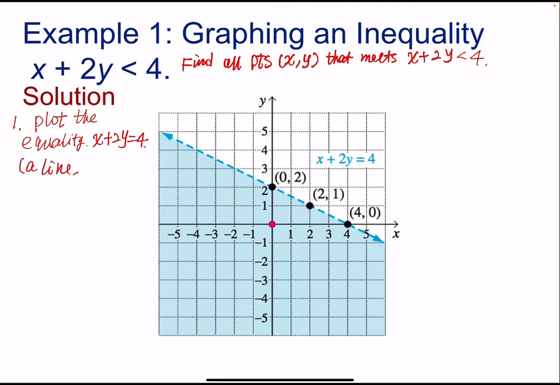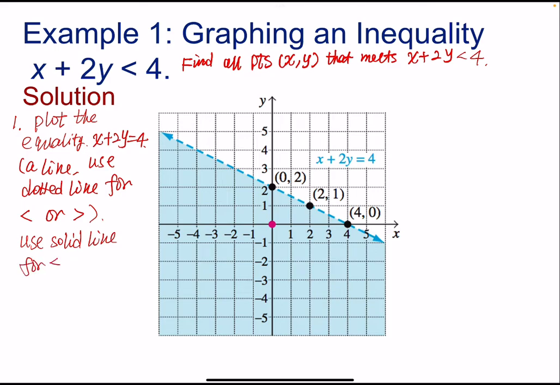Now, use a dotted line for less than or greater than. Similarly, you're going to use a solid line for less than or equal to or greater than or equal to. So that's the first step.